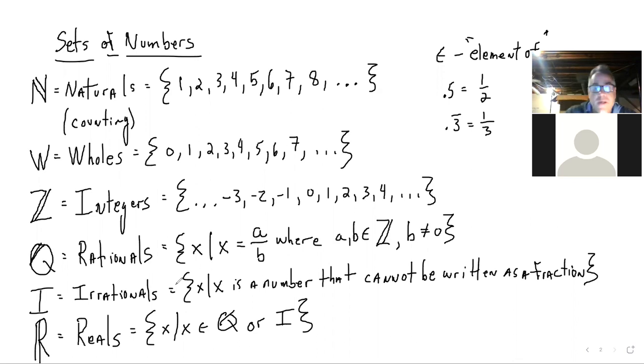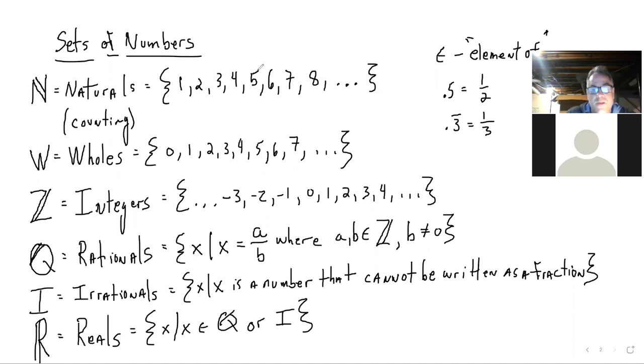So when I look at this, I can say all the naturals are in the wholes, and all the wholes are in the integers, and all the integers are in the rationals, and all the rationals are in the reals. These poor guys are off by themselves, but then you put these two together and you have the real numbers.